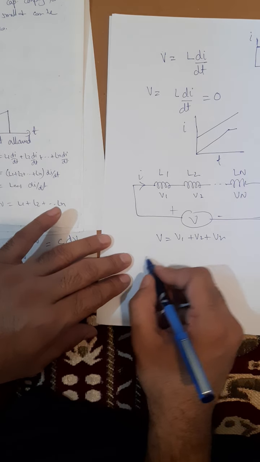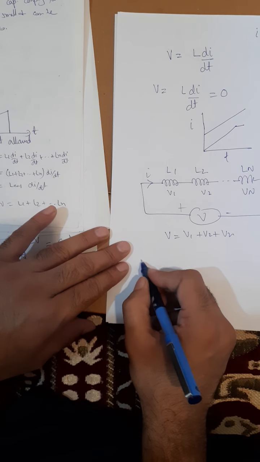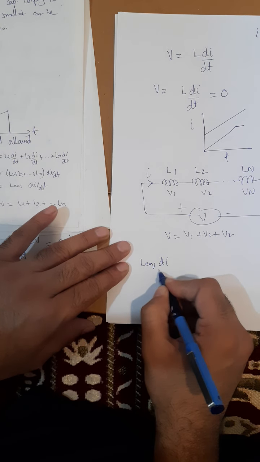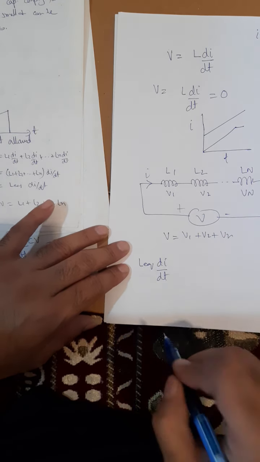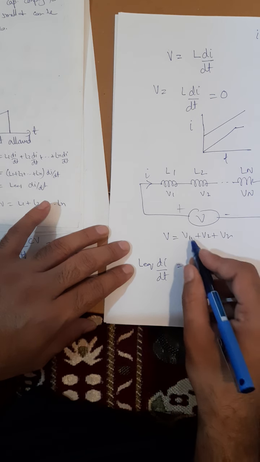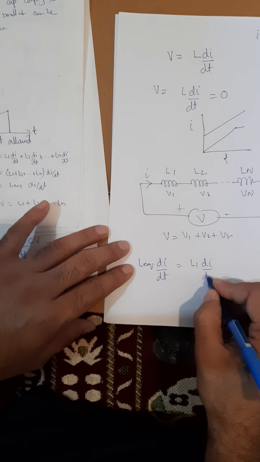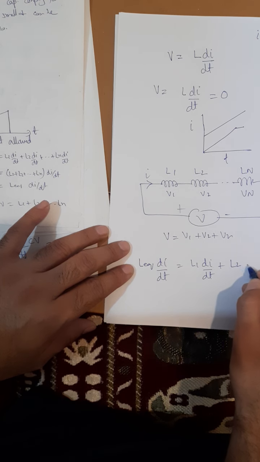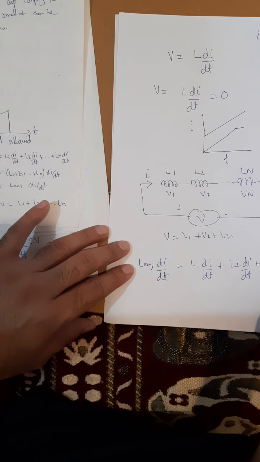I can represent this V as V is equal to L equivalent di by dt, representing all the inductors by some L equivalent. So L equivalent di by dt is equal to V1, which is L1 di by dt, plus V2, which is L2 di by dt, plus Vn, which is Ln di by dt.